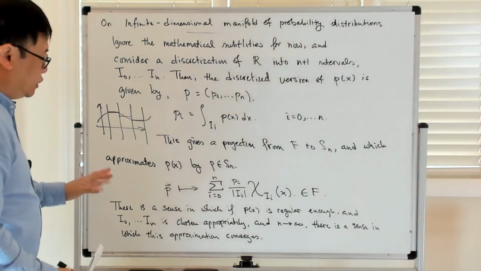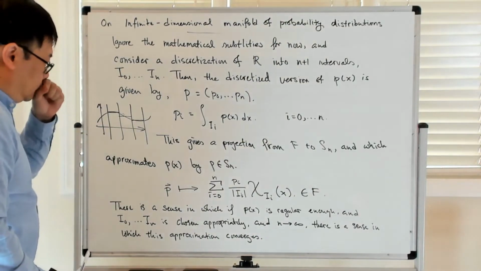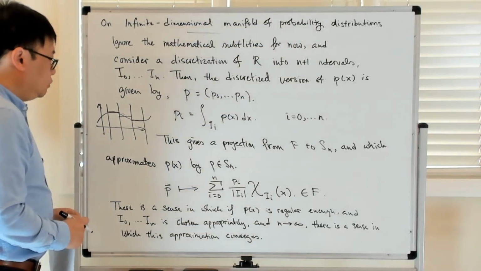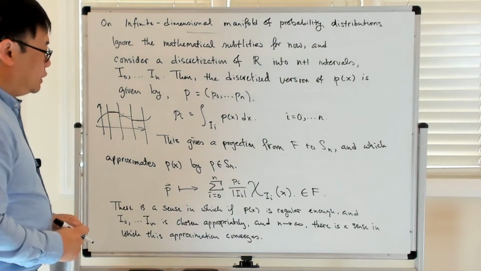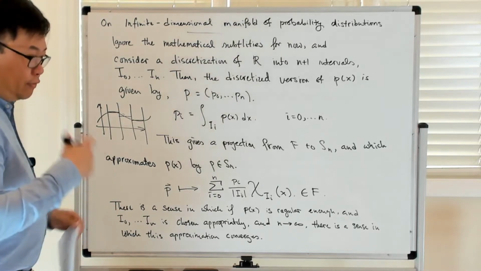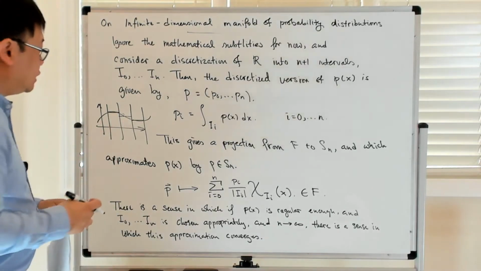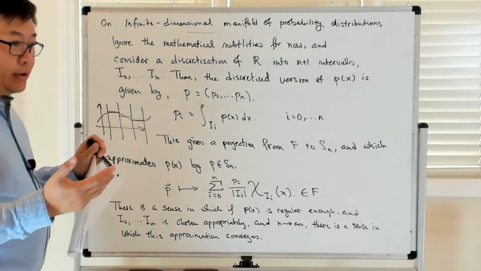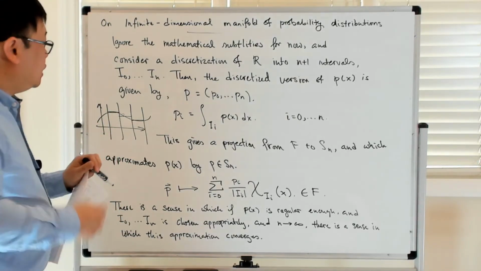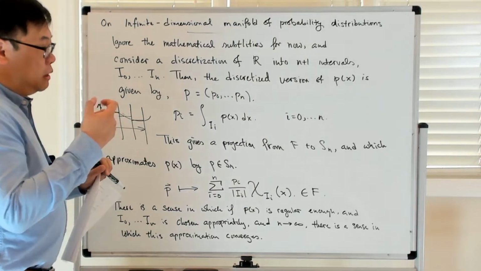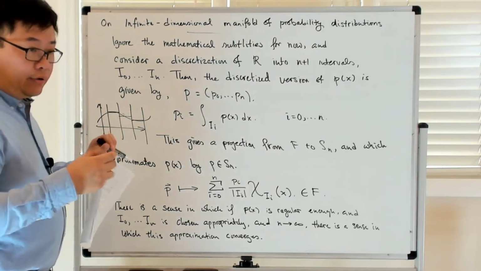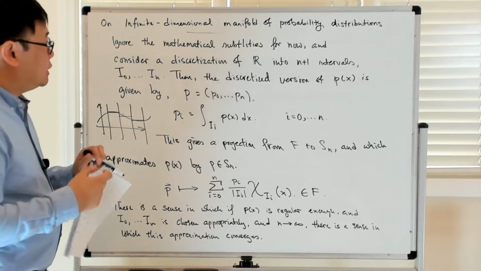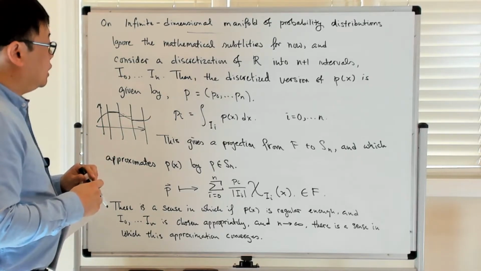Usually the sense in which you want to talk about these things converging is in some sort of weak sense as opposed to a pointwise sense. When you talk about probability distributions, what really matters is that it recovers the same probability of something occurring for some measurable subset of the reals.